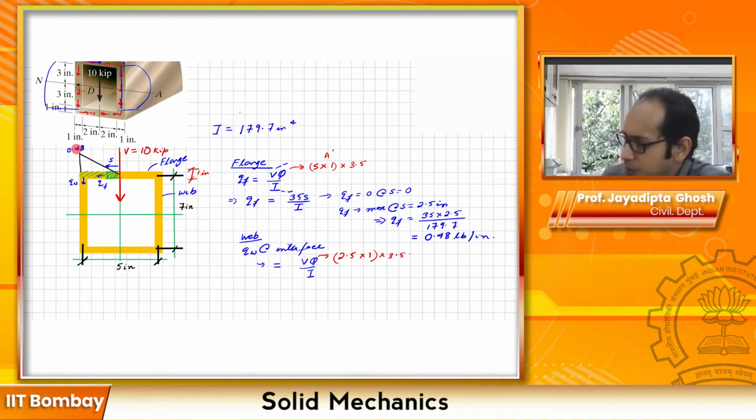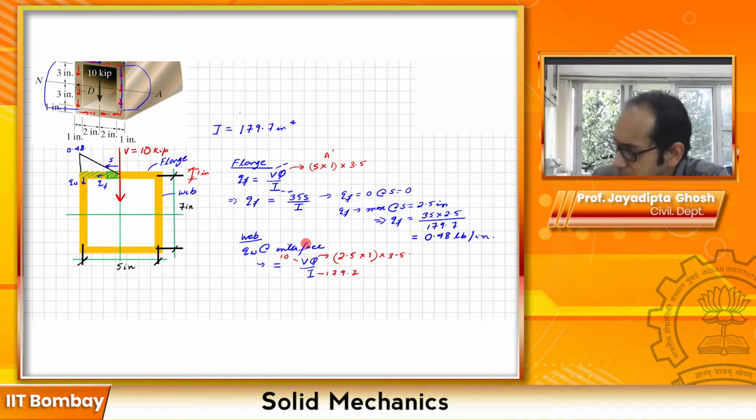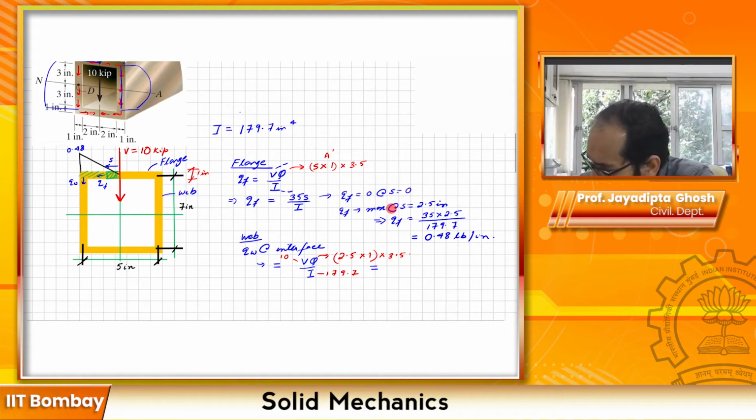If you put this back over here, and put V equals 10 and I equals 179.7 inch to the fourth, and plug all this in, it eventually becomes the same thing that you had calculated over here. 10 times 3.5, that is 35 times 2.5, divided by this. So here also you will eventually get 0.48.